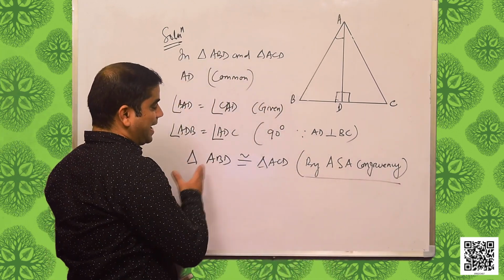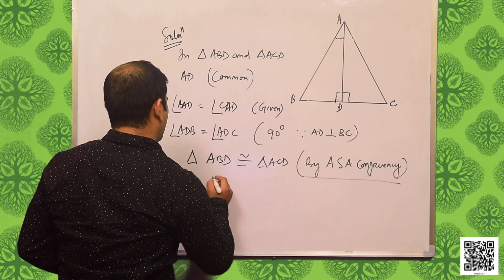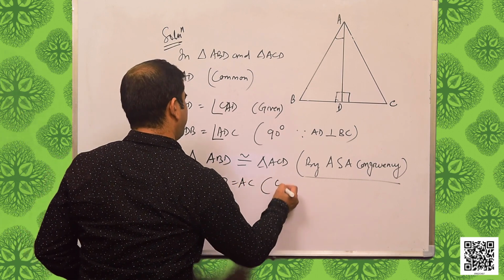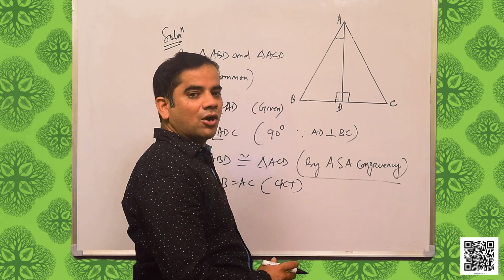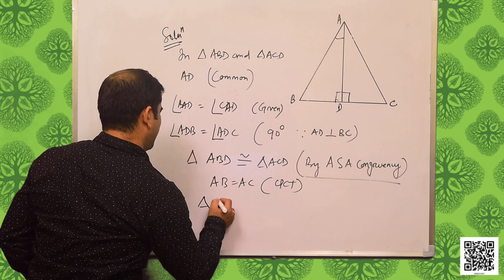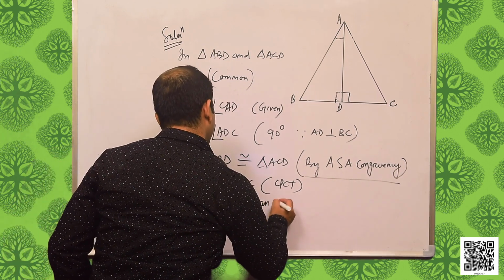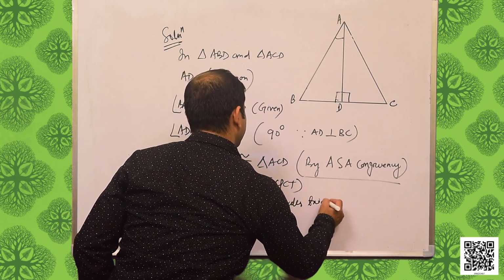As triangle ABD is congruent to triangle ACD, now I can write AB is equal to AC because of CPCT, corresponding parts of congruent triangles. That means triangle ABC is an isosceles triangle.